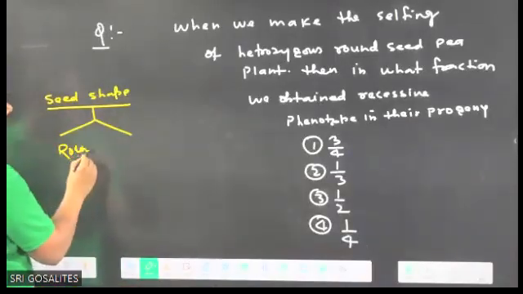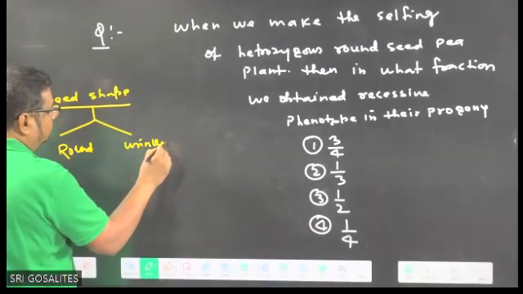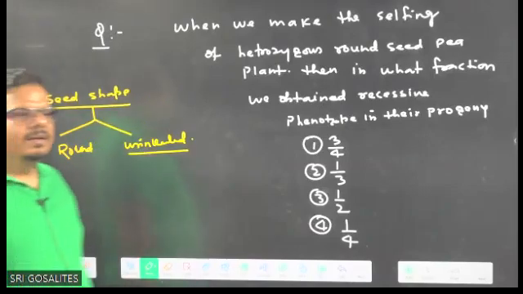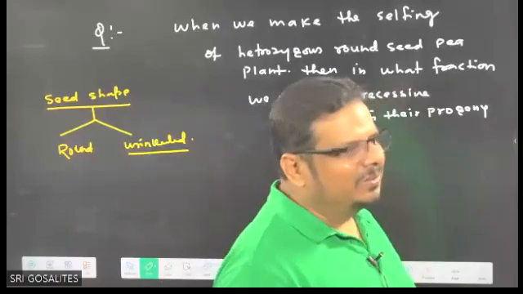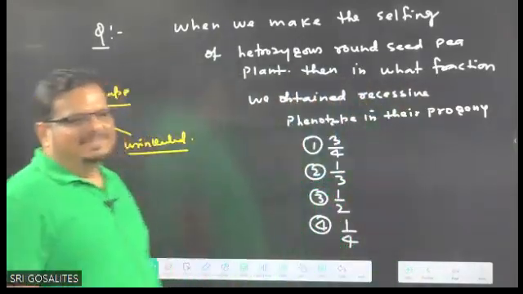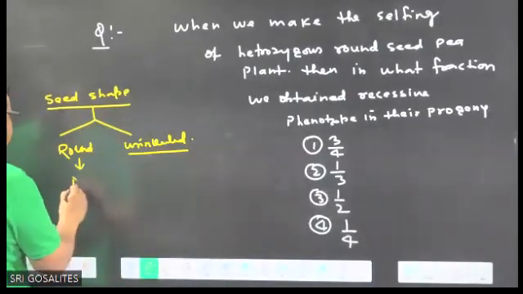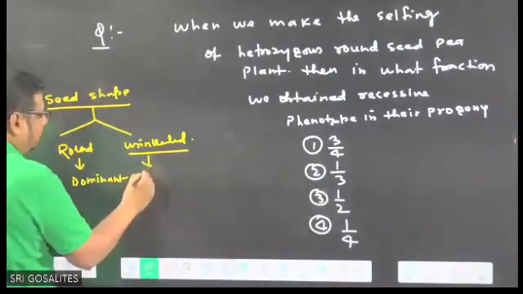Round, and the second one is which one? Wrinkled. I told you, or not? And what did I tell? Round is dominant and wrinkled is recessive. I told or not told? Told. So round is dominant and wrinkled is recessive.